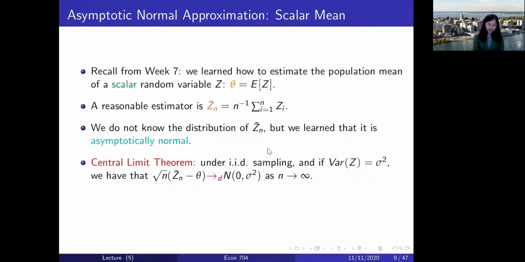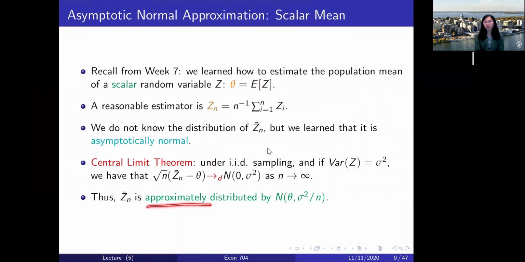So by the central limit theorem, the sample average, which is an estimator of the population expectation, is asymptotically normal, approximately distributed as a normal distribution with mean theta and variance sigma squared divided by n, where sigma squared is the variance of the random variable you are interested in.